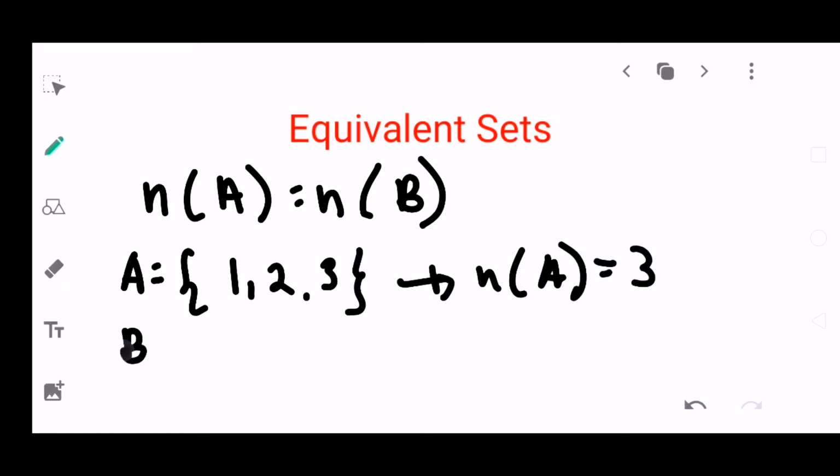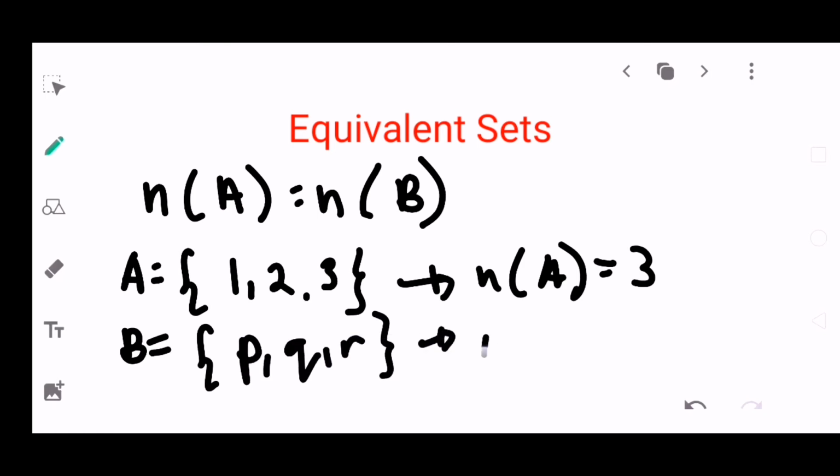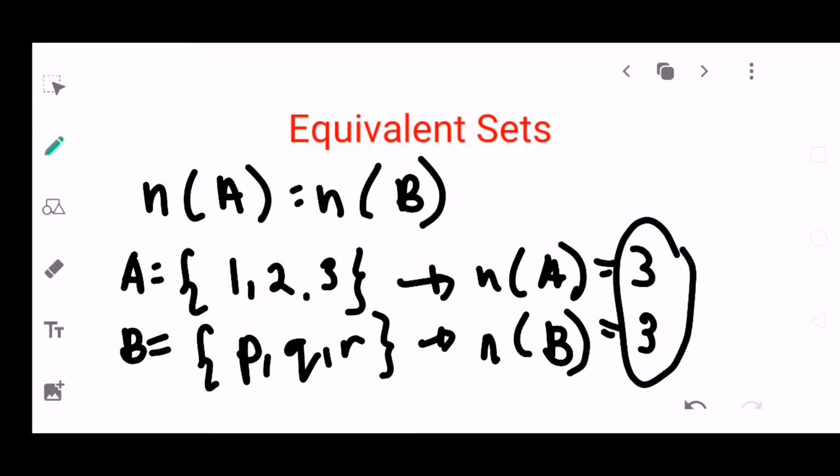While for set B, let's say it is containing P, Q, R. So therefore, the cardinality of set B is equal to 3. Since their cardinality are equal, we can conclude that set A and set B are equivalent sets, and it is written in symbol as set A is equivalent to set B.